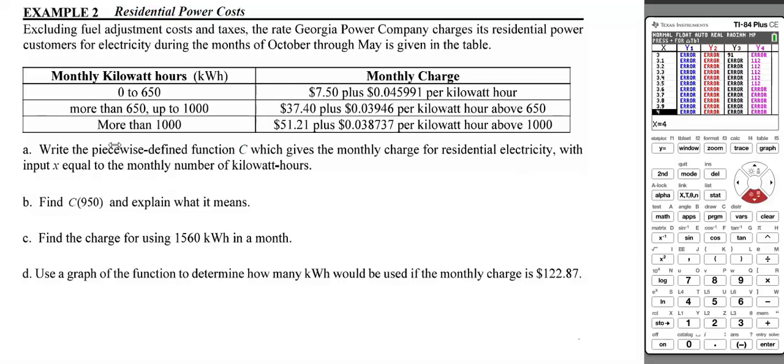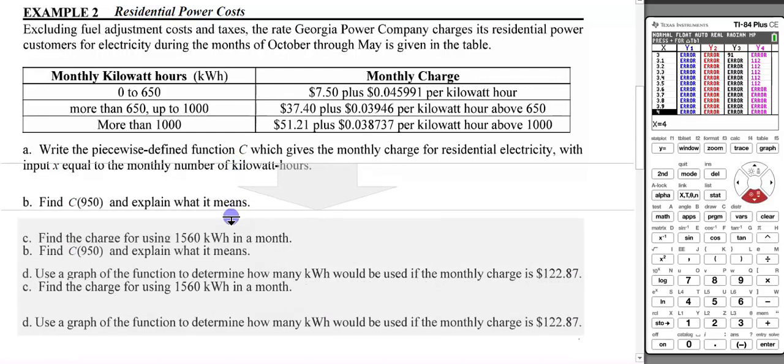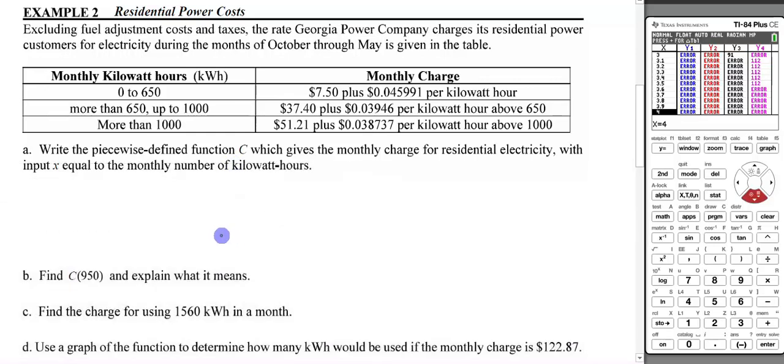So we want to write a piecewise defined function that gives the monthly charge for residential electricity with the x input equal to the monthly number of kilowatt hours. All right, so they've already named the function c for us.